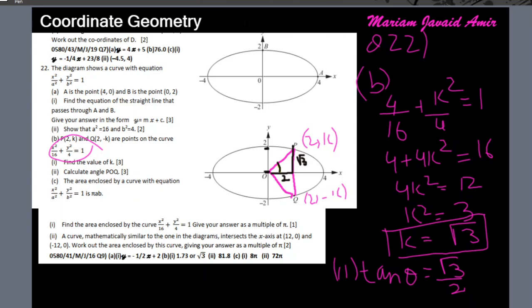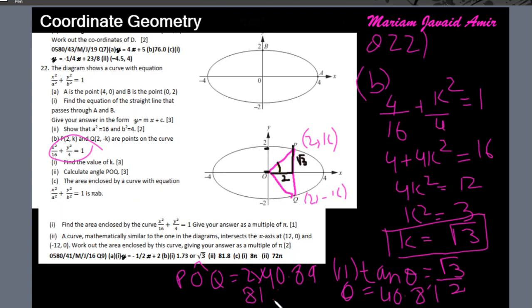So theta equals 40.89. Now I'll multiply it with 2 to get POQ angle. 2 times my answer in the calculator gives me 81.8, rounded off to 1 decimal place.